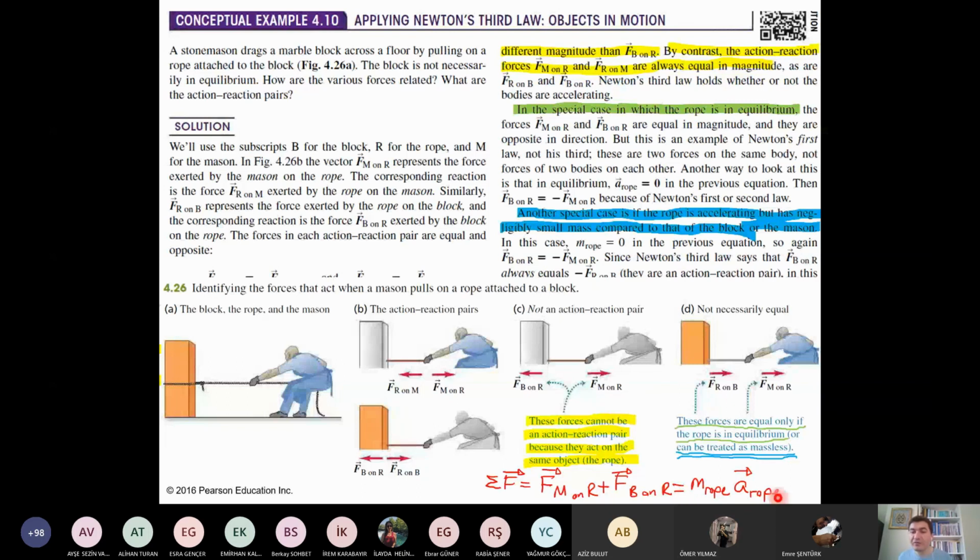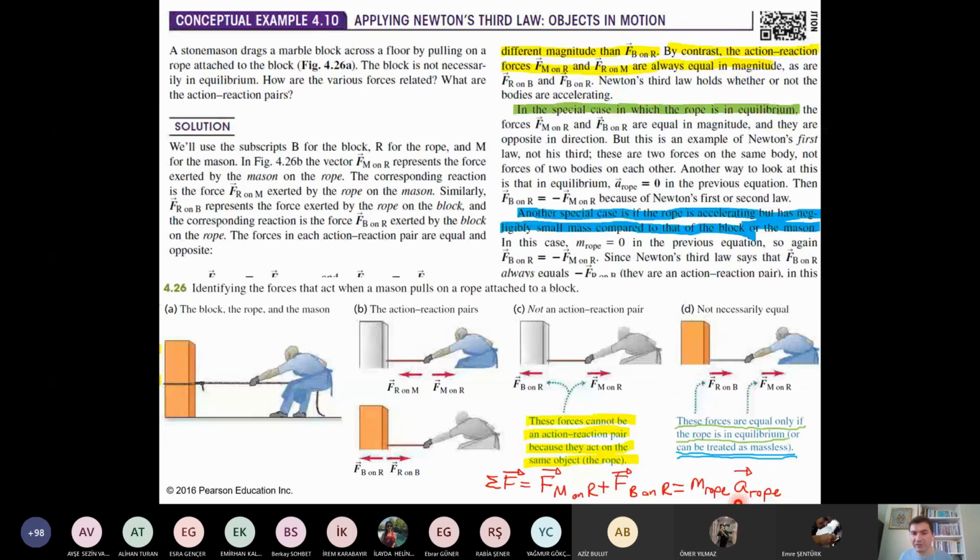If the mass of the rope is 0, let's consider we have a massless rope, then this is 0, then these two forces can be equal to each other. Or if the rope is in equilibrium, it means that the acceleration of the rope is 0, then the right side of this equation will be 0.